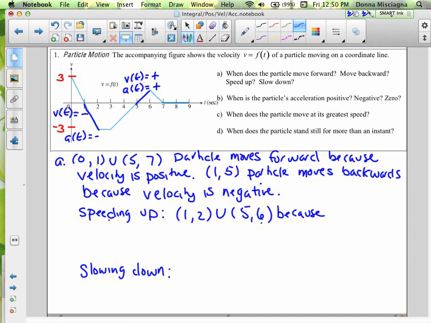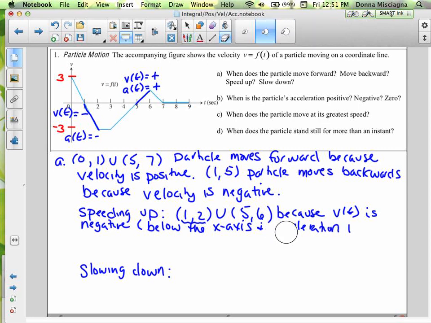So because v of t is negative, I want to make sure it's very, very clear. V of t is negative, and that's below the x-axis. That's how we know it's negative. So this part, by the way, goes with this part, 1 to 2. And acceleration is negative. Let me put a of t.